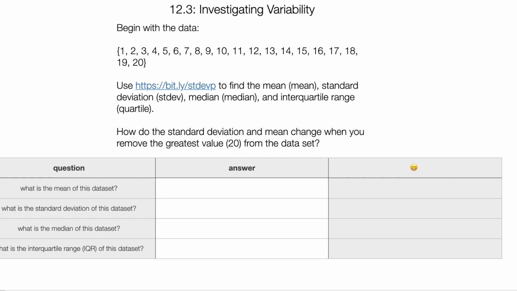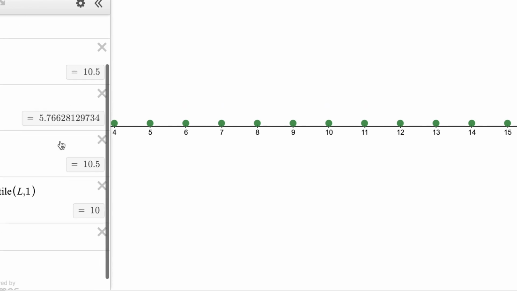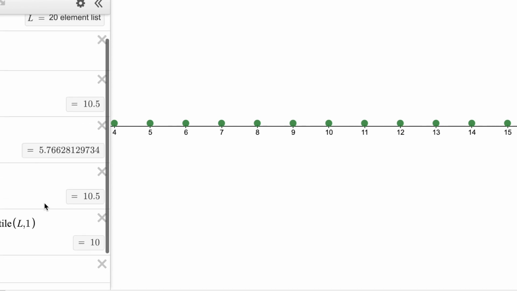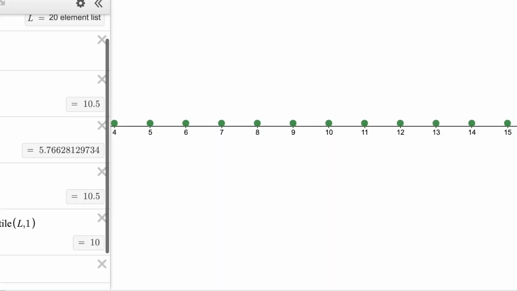Okay, so on this one, same thing. We have another dot plot. They want to know what is all the information. So it looks the same, 10.5, 5.77, 10.5 median, and the interquartile range is the same as well. So 10.5.